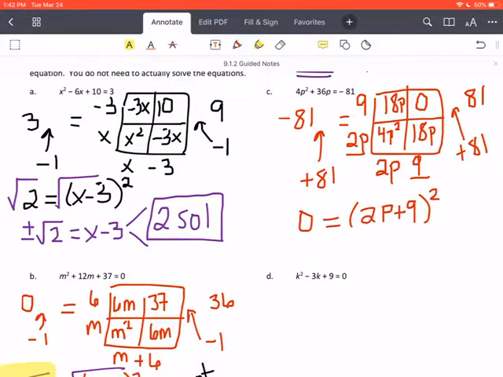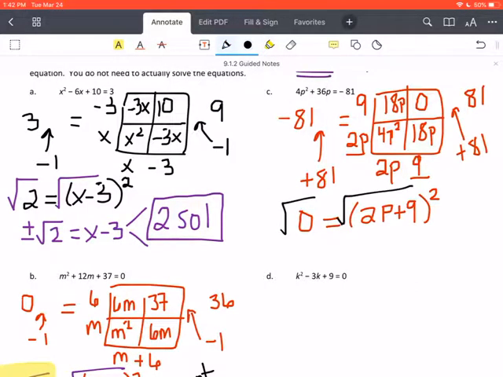Well, if I go ahead and continue on and take the square root of both sides, I always know that I'm going to put a plus or minus out front, but what's the square root of 0? It's 0 equals 2p plus 9.